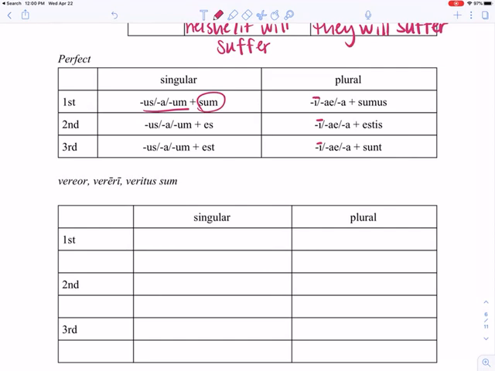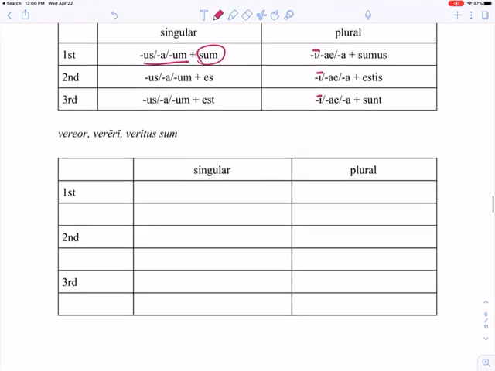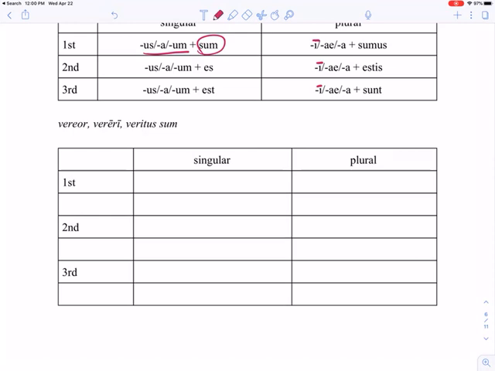So both parts are singular or both parts are plural. Okay? So let's take vereor. And now we're using what amounts to the third principal part. Okay? And so this one I'm going to put right here on my first singular. And so I have veritus sum.